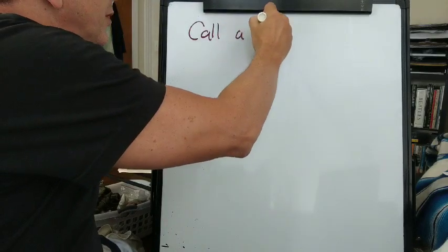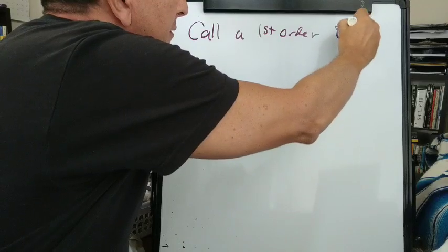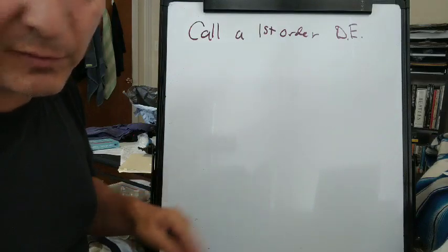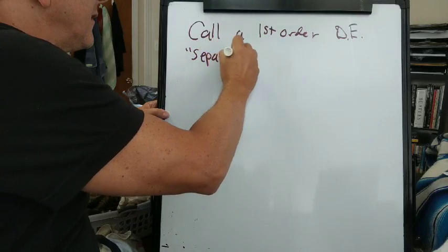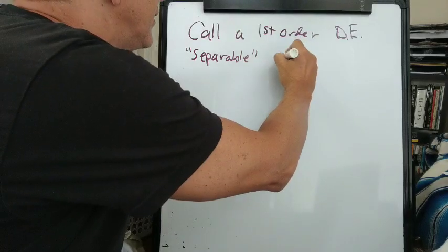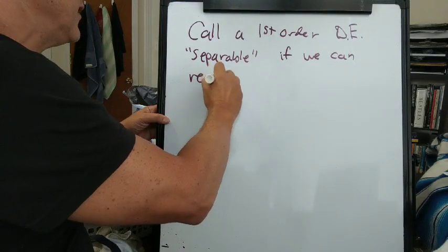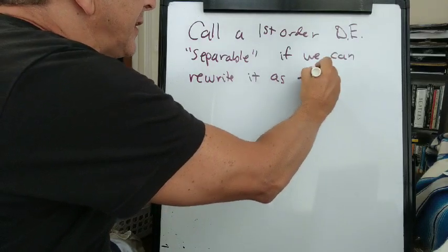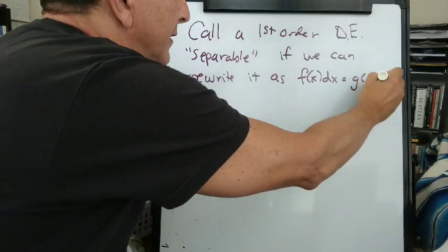So we call a first-order differential equation, again meaning we see the first derivative but not the second derivative, third derivative, etc., separable if we can rewrite it as something like f of x dx equals g of y dy.